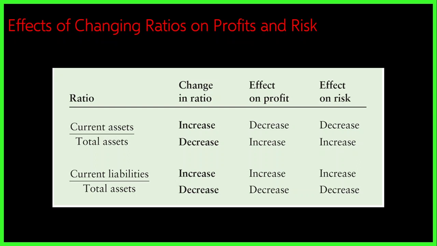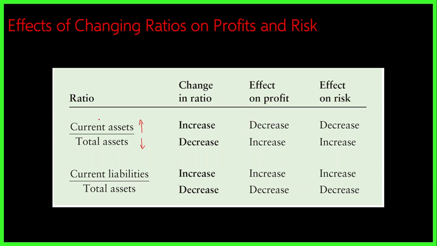So, why is that? Now, take note, when the ratio will increase, this can be due to the increase in your current assets. Let's write it here. When it increases, your current assets will increase or maybe your total assets will decrease. So why does the effect on profit decrease?